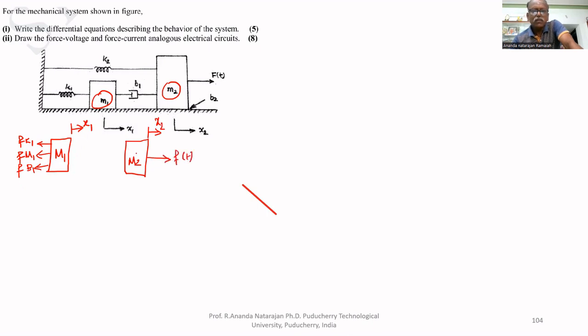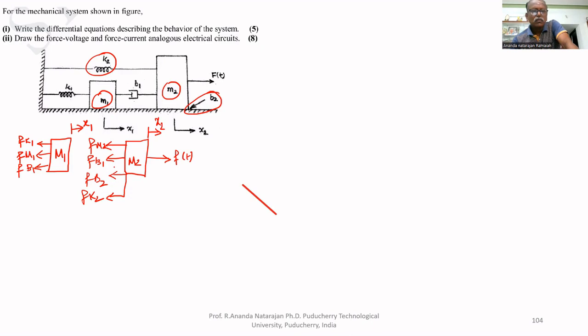Because of that, there are some reaction forces: Fm2 because of M2, another force FV1, and the third force FV2, because of the reaction between the mass and the surface. Another one is K2. These are the reaction forces acting on it.